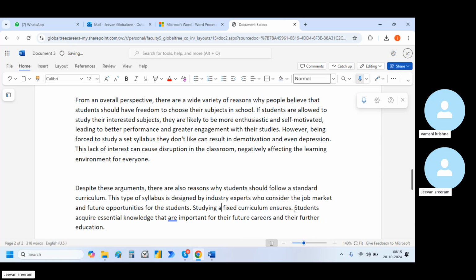Studying a fixed curriculum ensures that the students acquire essential knowledge that is important for their future careers and further education. You can come up with an example. Okay. So irrespective of their interest, they have to study some subjects.